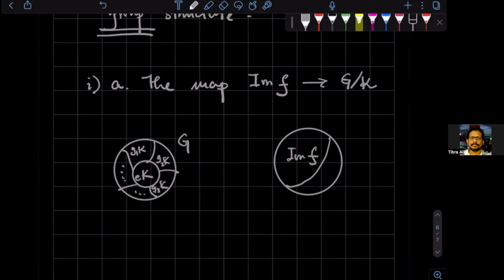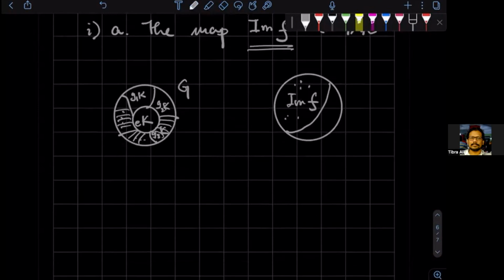So what we'll look at is the map from the elements of the image of F to each of these cosets.